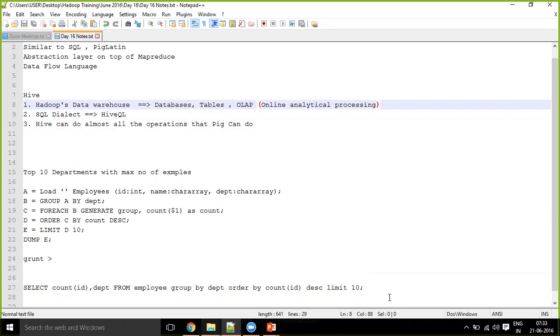And in case we are talking about the retail domain, what is the product that is having outstanding sales in the last 6 months in a particular state or a particular country. So that way, this Hive is used as a data warehouse to store the historical data.